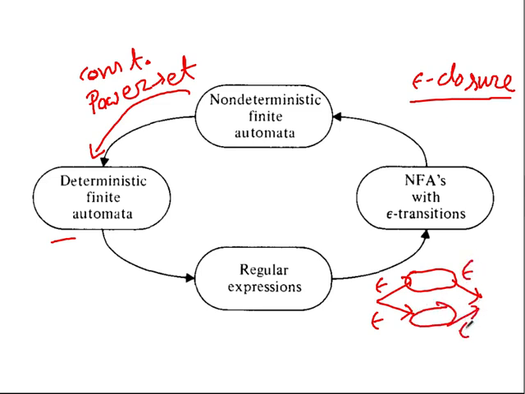This was the direction that we used when proving that for any given regular expression you can construct a finite automaton. All these machines had a unique start state and a unique final state, right? So this was the case where we are converting a regular expression into an epsilon NFA.